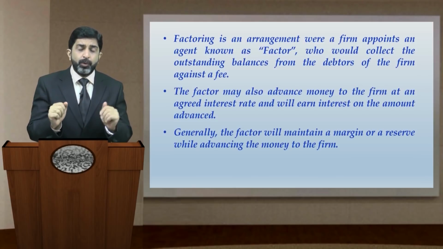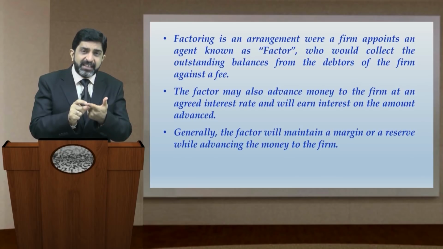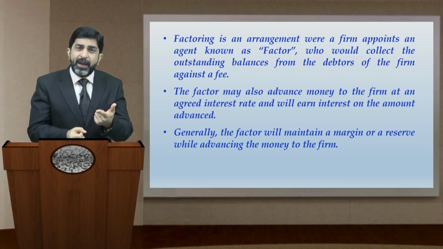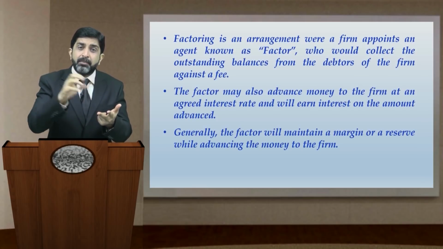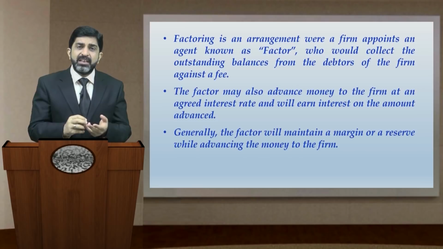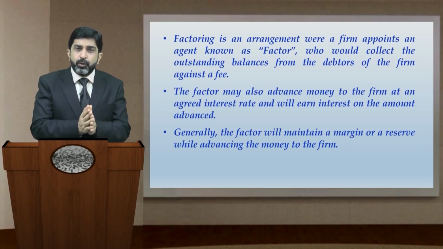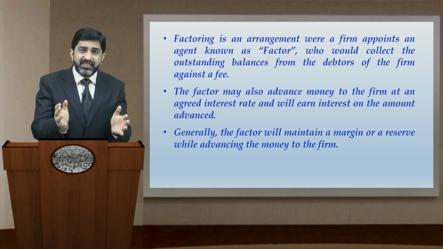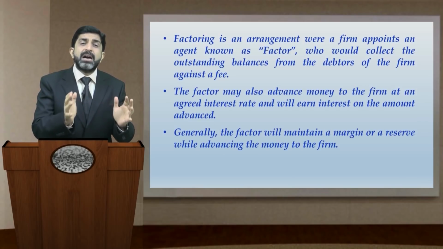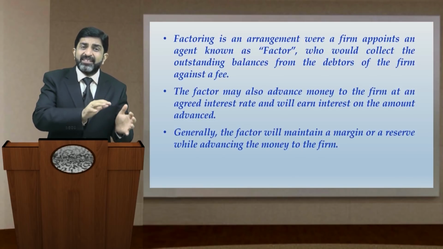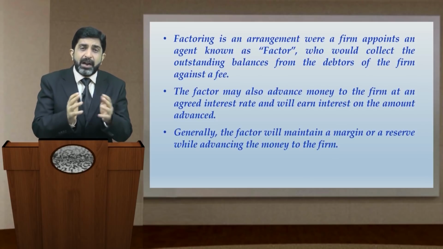The answer is no. The factor knows that it is going to earn some fees for this collection. The factor is also aware that it is going to earn some interest on the money advanced, and more importantly, there may be some bad debts that might arise. So for all these reasons, the factor would maintain some reserve, some margin, and would not advance the entire balance of debtors to the firm, but only a part of it.